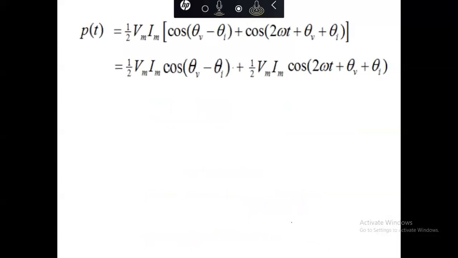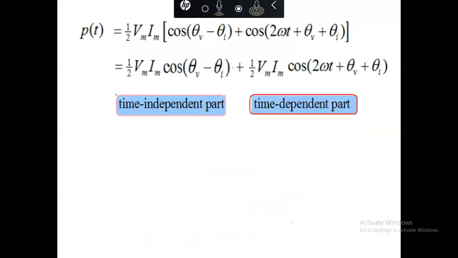So we divide this in two parts. One is the time independent part and the other is the time dependent part, because here the omega t is the time representation of the signal. So we split it. Here there is nothing about time, it's a constant term.